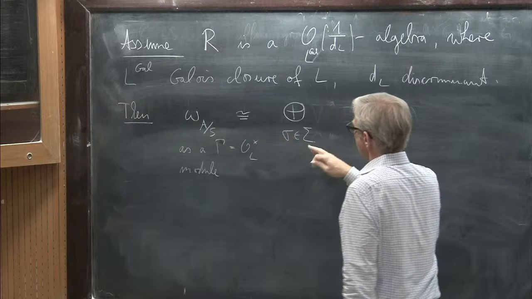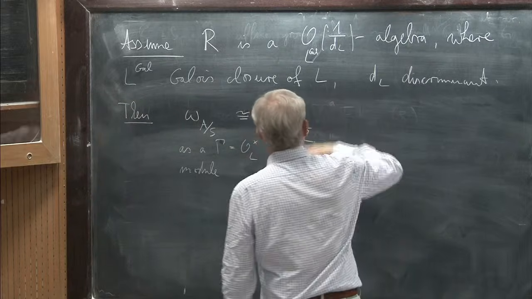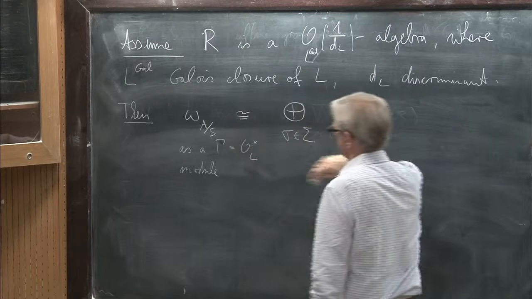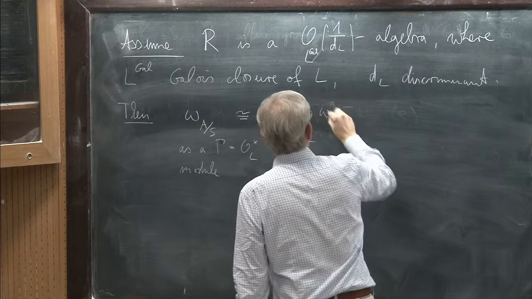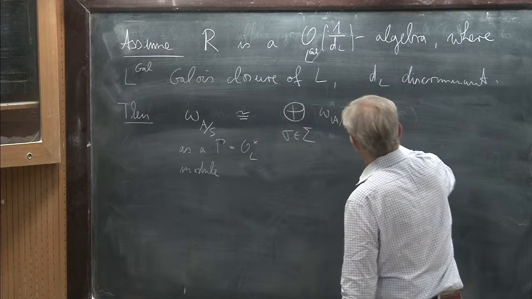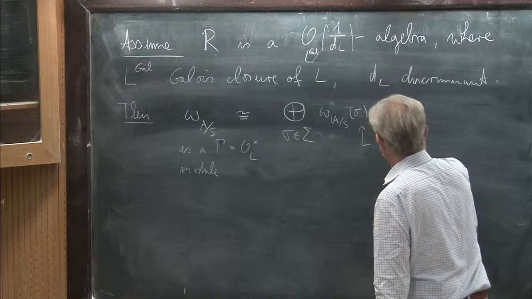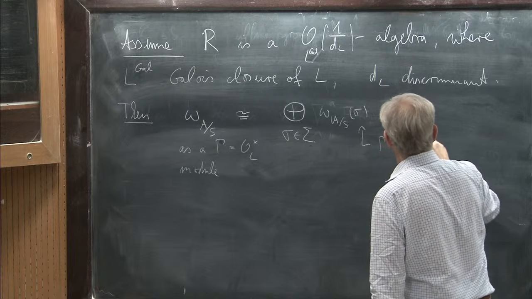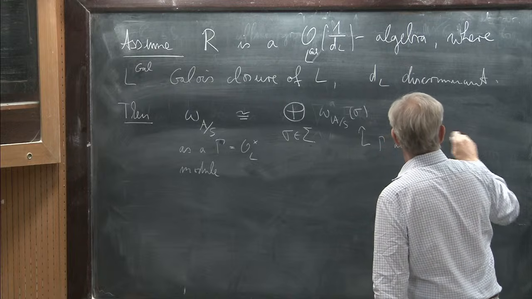This is this CM type, which was there somehow from the beginning if we have a CM abelian variety, of omega AS sigma. And that's the part where gamma acts via sigma.